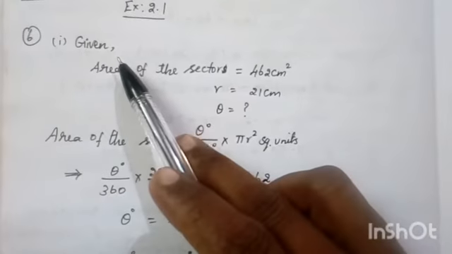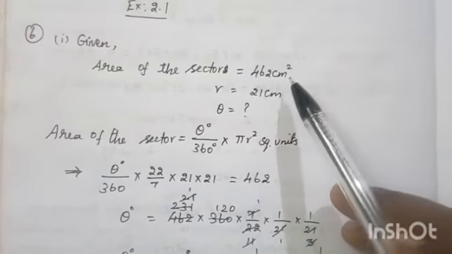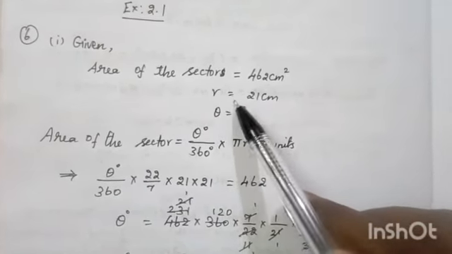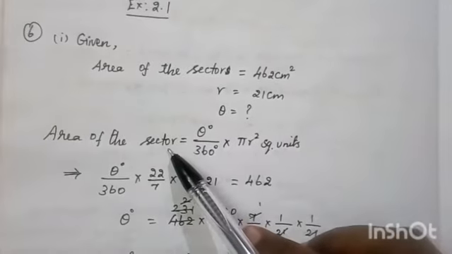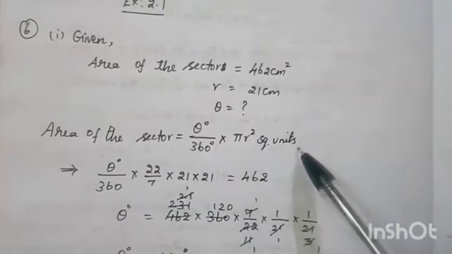First you write given. What are the things given in the question? Area of the sector is 462 centimeters square. Radius is also given, radius equal to 21 centimeter. We want to find theta. Write the related formula: theta degree by 360 degree into pi r square square units.